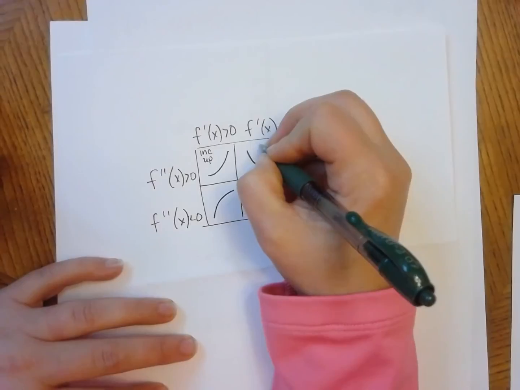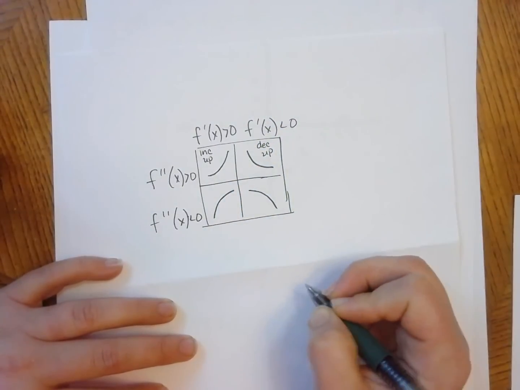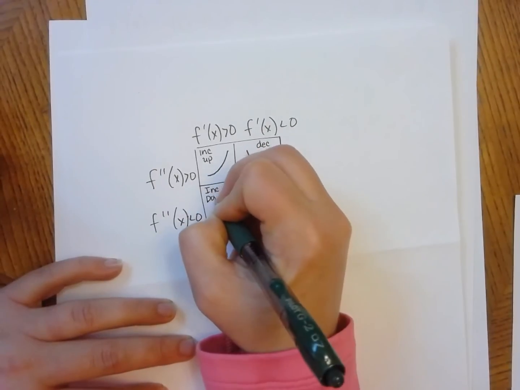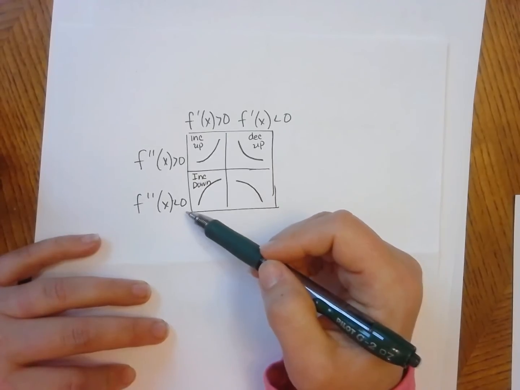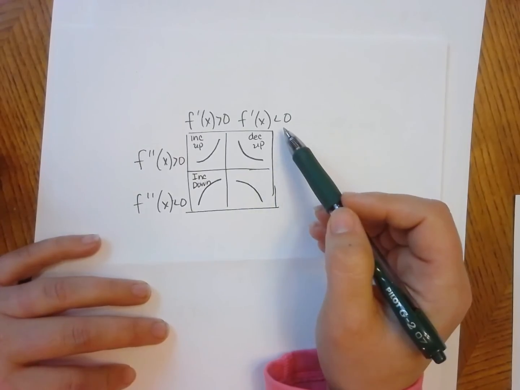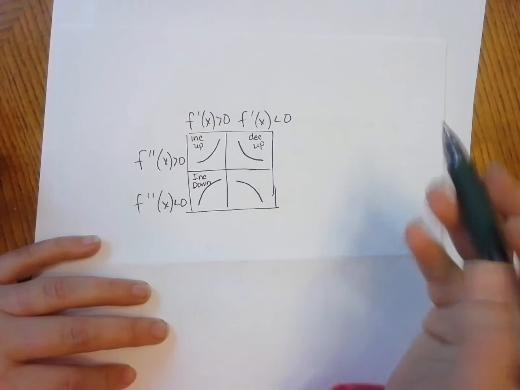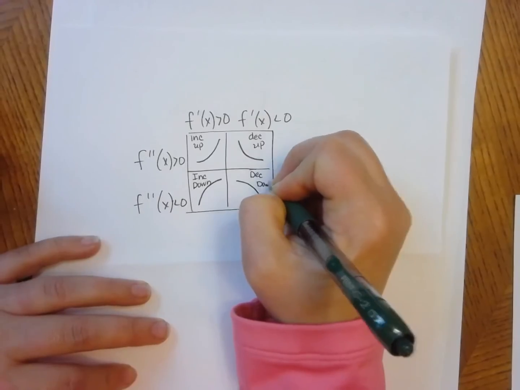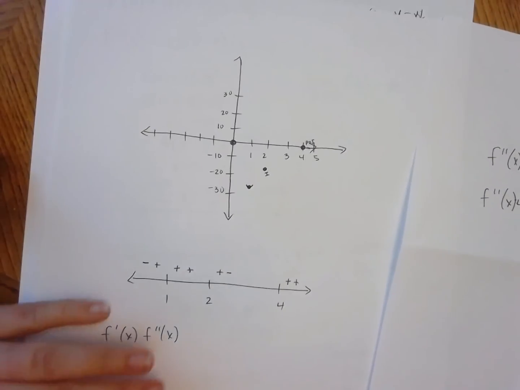This one is decreasing and concave up. This one is increasing and concave down, so f prime is positive, f double prime is negative. And here I have f prime negative and f double prime negative, so this one is decreasing and concave down. So that's why I've written my pieces like this in here.